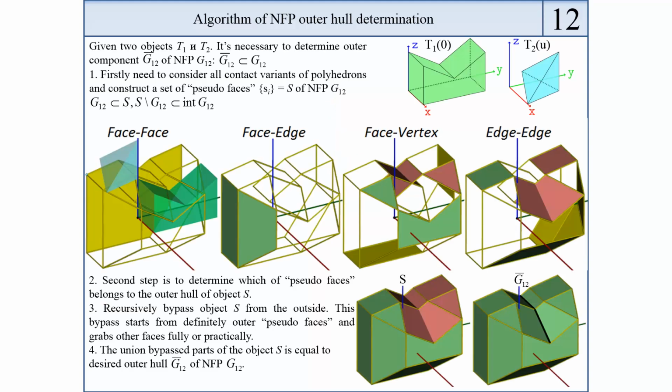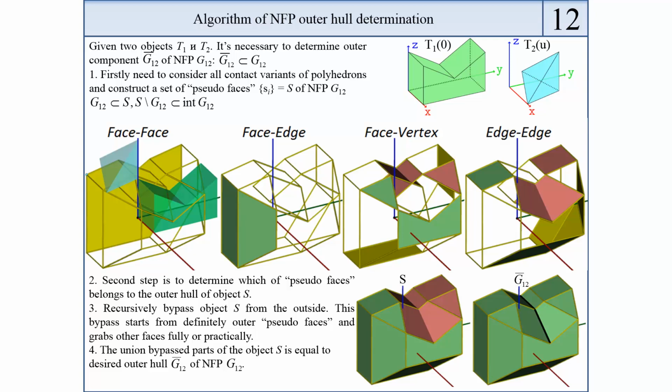Let's consolidate everything we got. To construct the desired outer hull, it's necessary to find pseudofaces. On the picture are proposed all contact variants of polyhedrons: face-face, face-edge, face-vertex, and edge-edge.